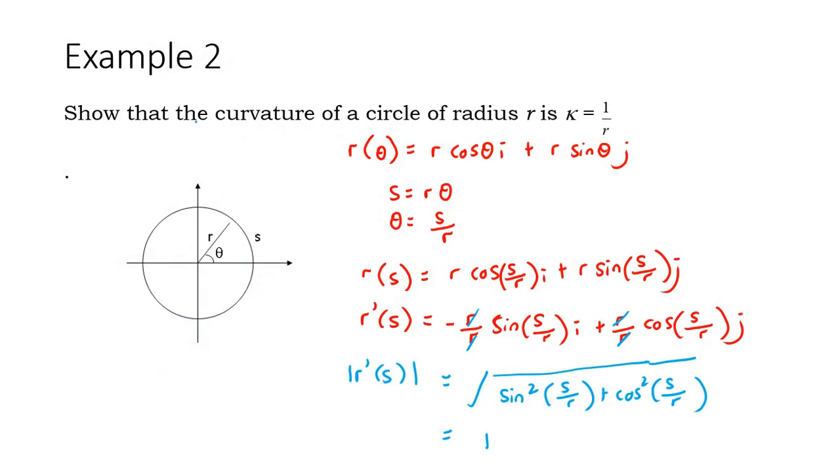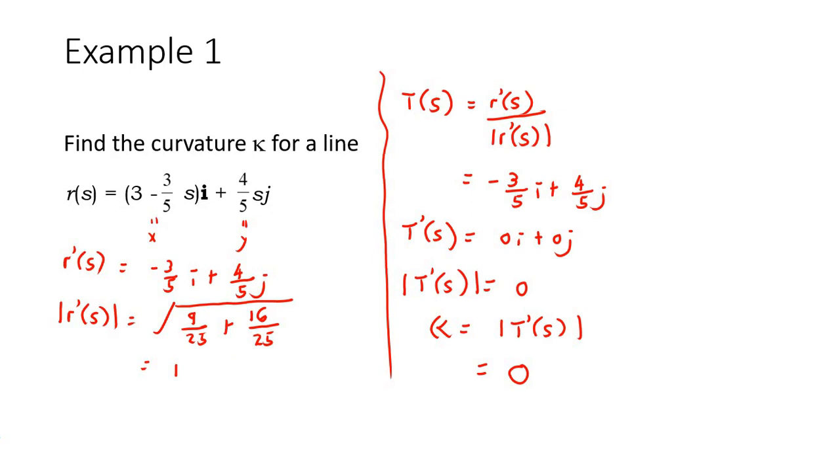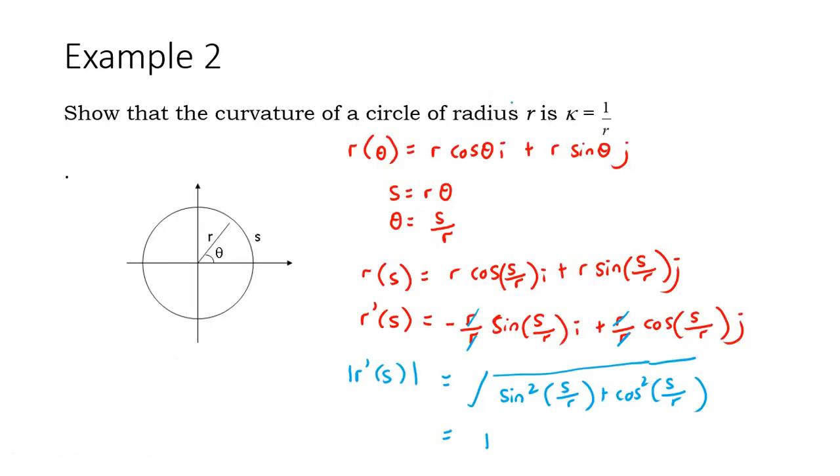In the first example we have shown the curvature of a straight line is equal to 0. And the curvature of a circle of radius r is kappa equal to 1 over r. So the first step: express r in terms of theta, and then arc length s is r theta, so theta is s over r.